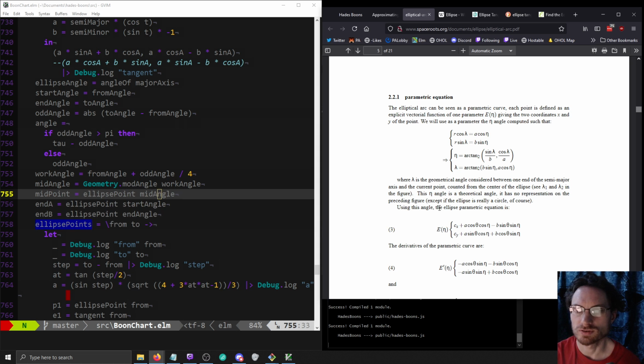Parametric equations. Explicit vectoral function of one parameter giving the two coordinates x and y of the point. An angle.